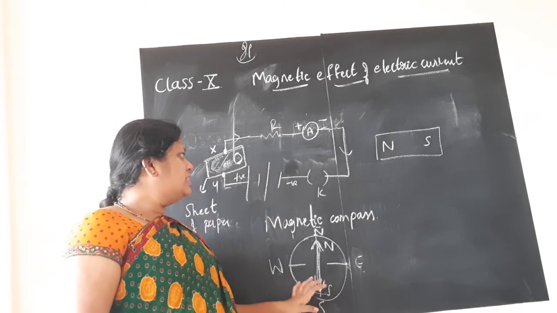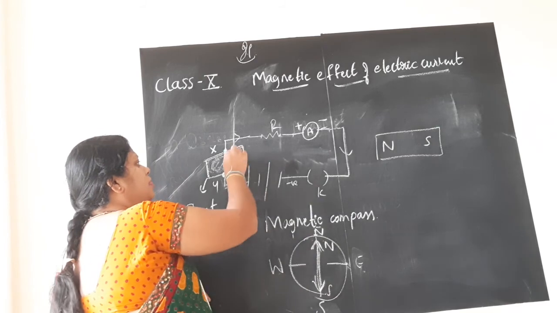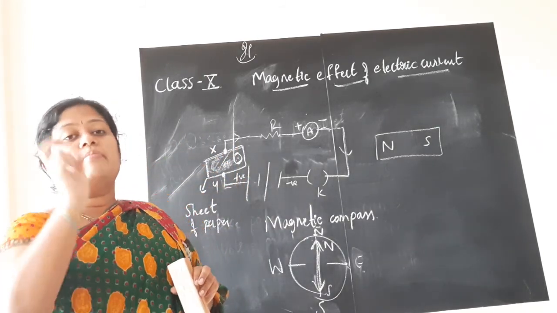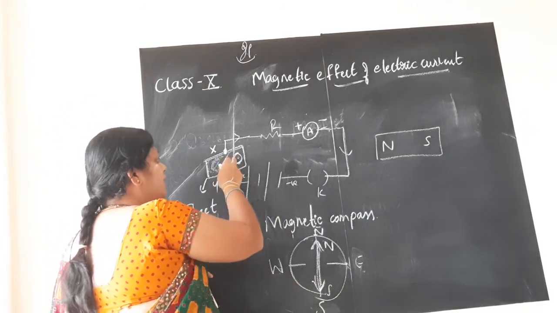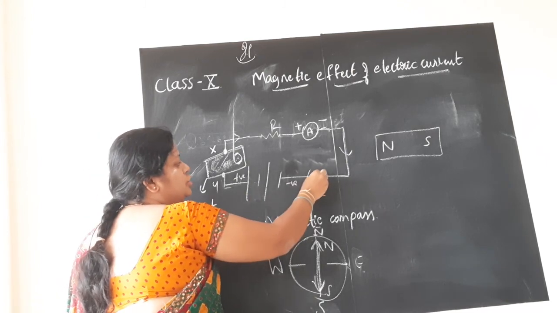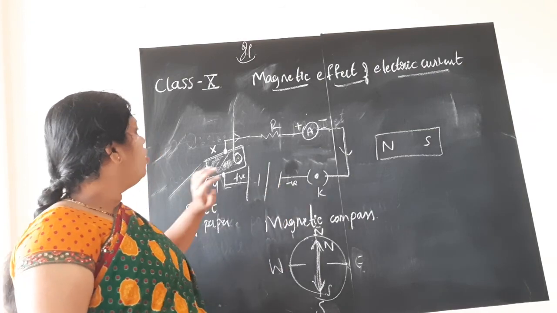What we are doing is this. In this experiment, children, we are placing this magnetic compass on this sheet of paper. When I place the magnetic compass on this sheet of paper and switch on the circuit, what will happen?